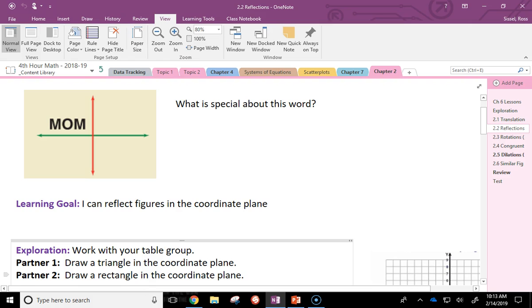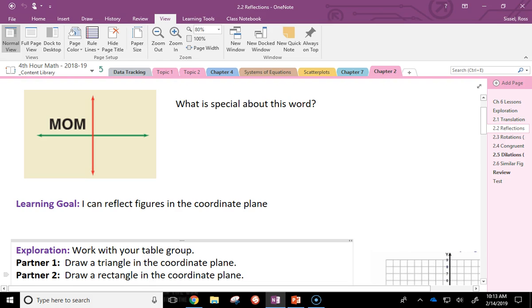What is special about this word, mom? It's big. Okay. Dusty? Okay, so it's one of those words that if I read it backwards, it's going to be the exact same.